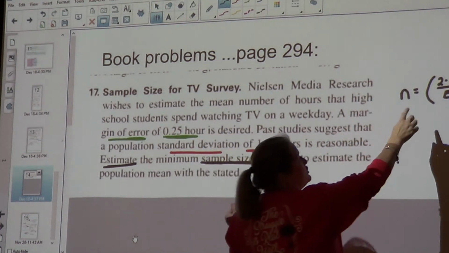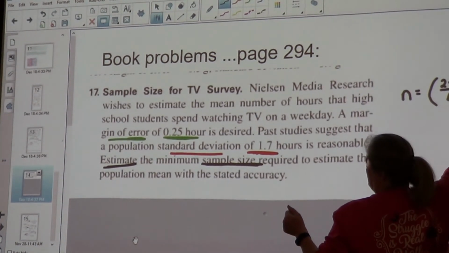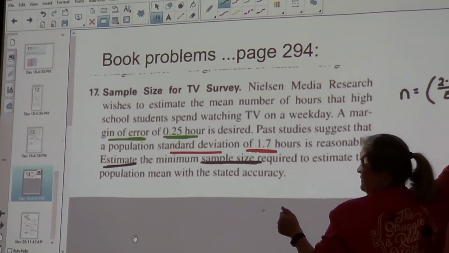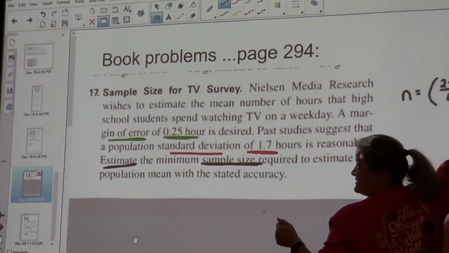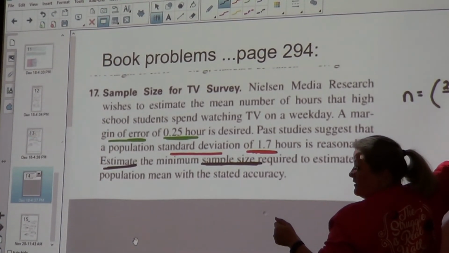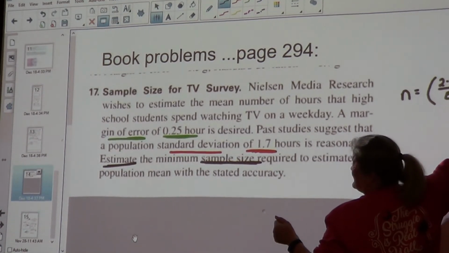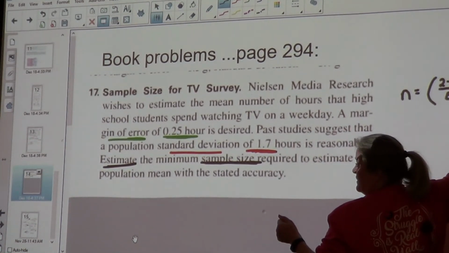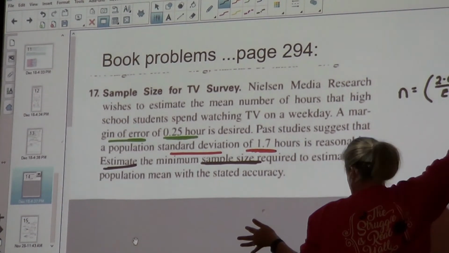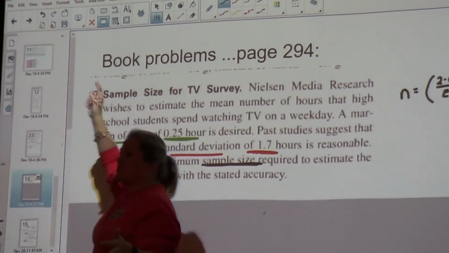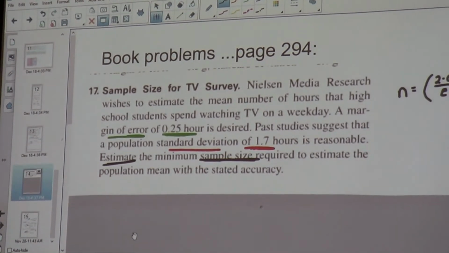So it's going to be 2 times what? These are your only 2 things, and you know E stands for error, so what's this going to be? 1.7 divided by 0.25, and then squared, which is also known as to the second.